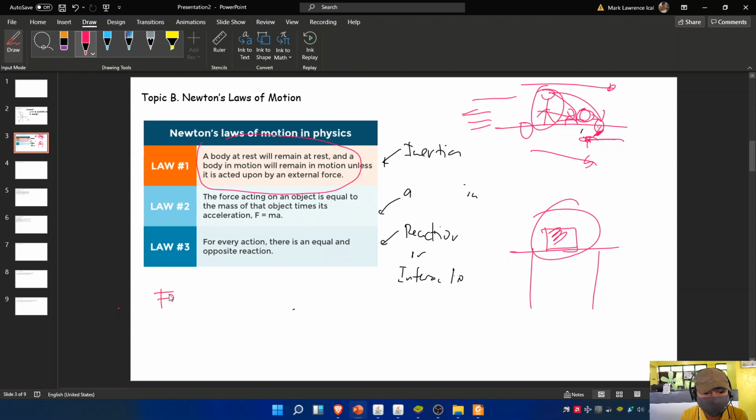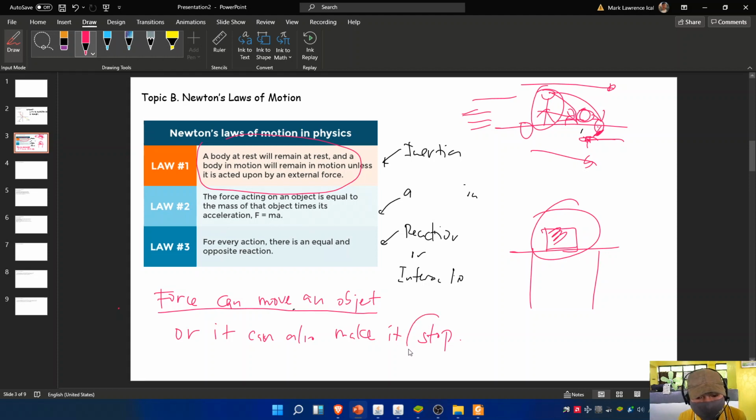Because force can move an object, or it can also make it stop. Because back then, people only believe this first sentence. Force can move an object. So, gumagalaw ang object kapag may force. But they don't understand that force is also the thing that makes an object stop. Okay, so I hope that's clear now.